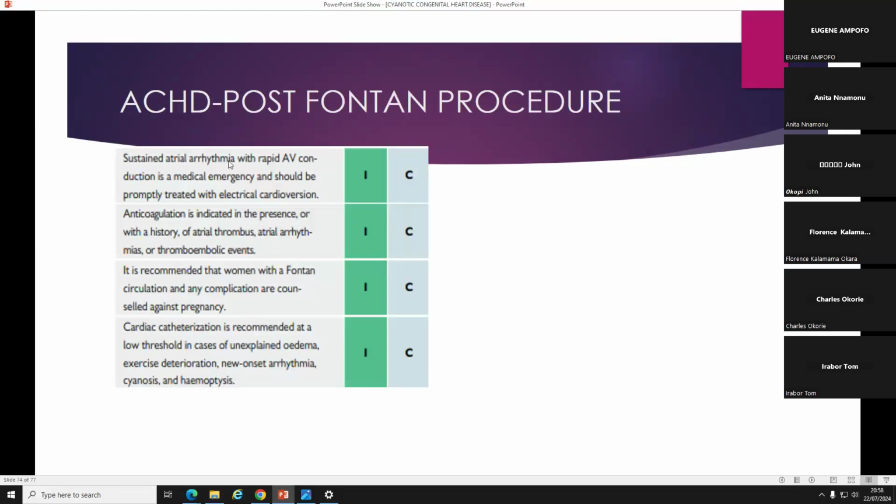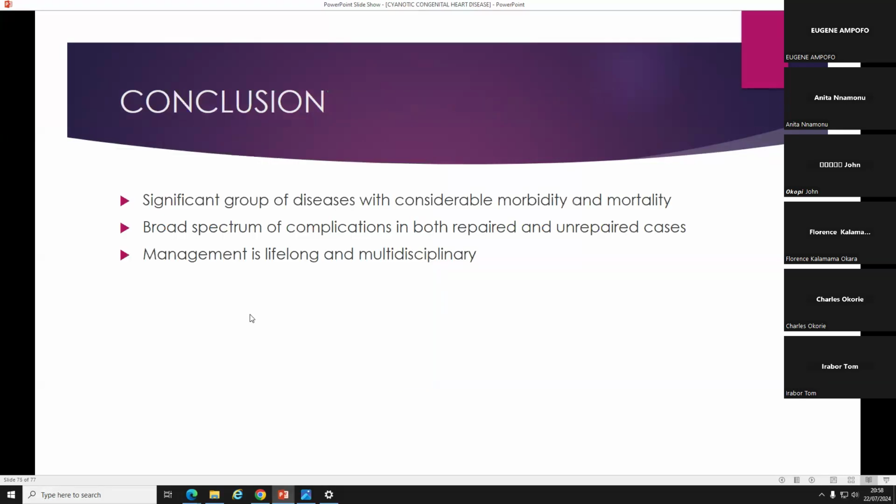If they have atrial arrhythmia, it should be treated promptly, the electrical cardioversion, because we don't want them to enter malignant arrhythmias. Anticoagulation is indicated if there is an atrial thrombus or atrial arrhythmias or thromboembolic events, and they are counseled against pregnancy, usually. Class 1C indication, just to highlight that.